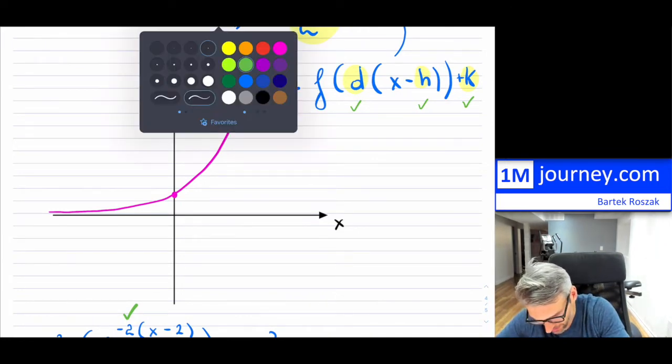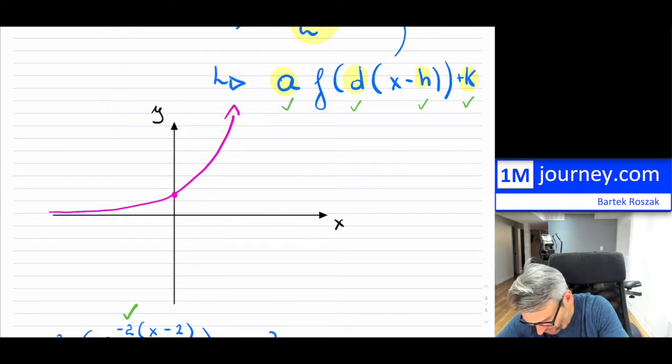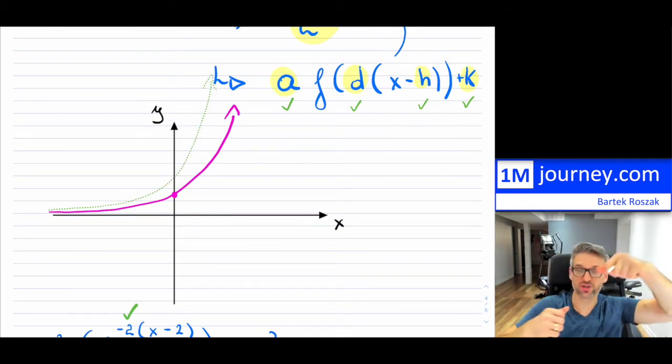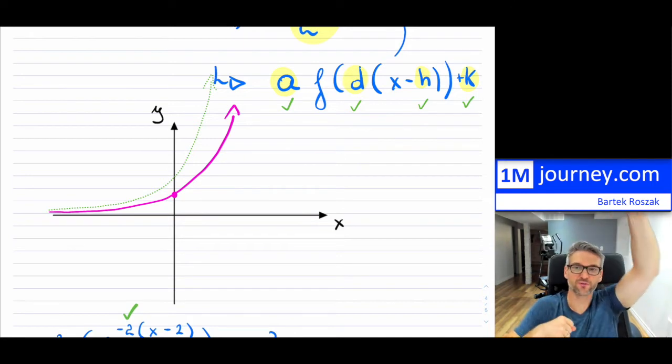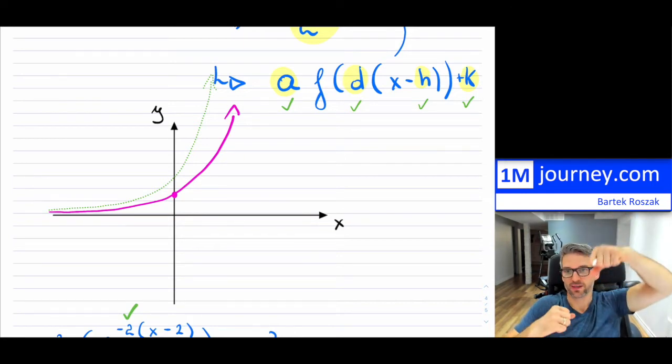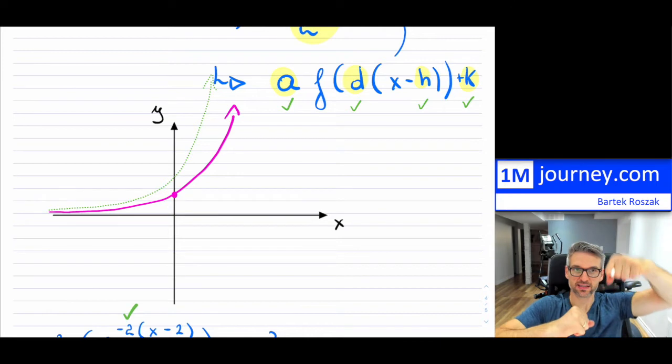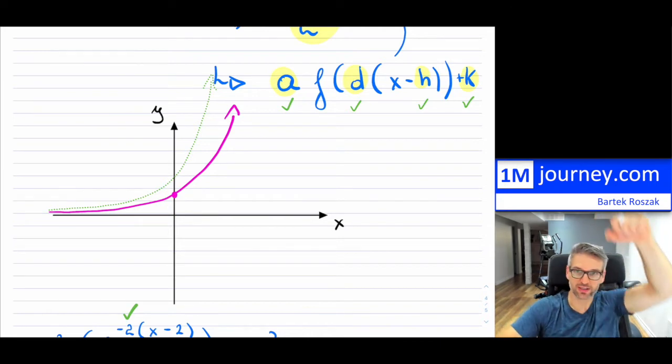I'm going to take that green. So what's going to happen is it's going to stretch this and make it faster. So it's going to stretch it out further. That's the stretch. It's like taking these and then stretching them out.